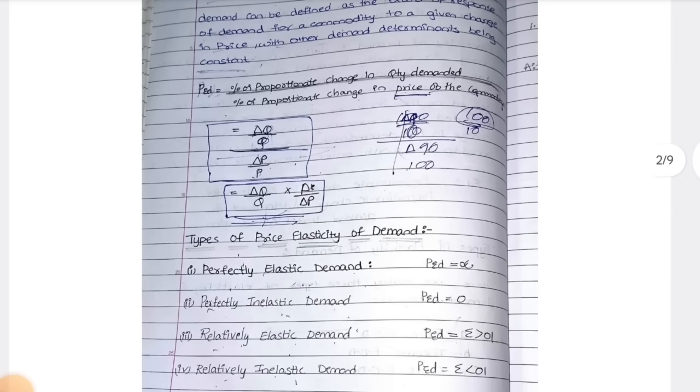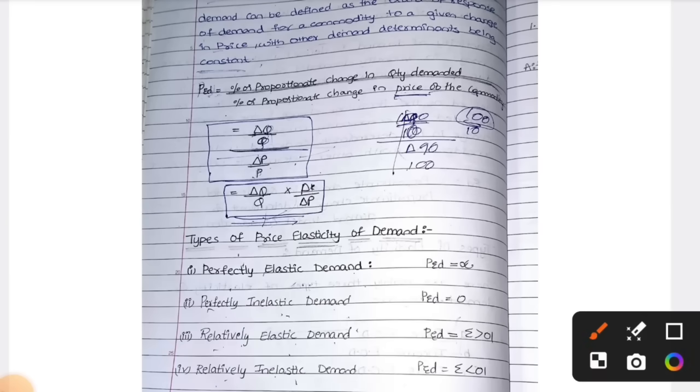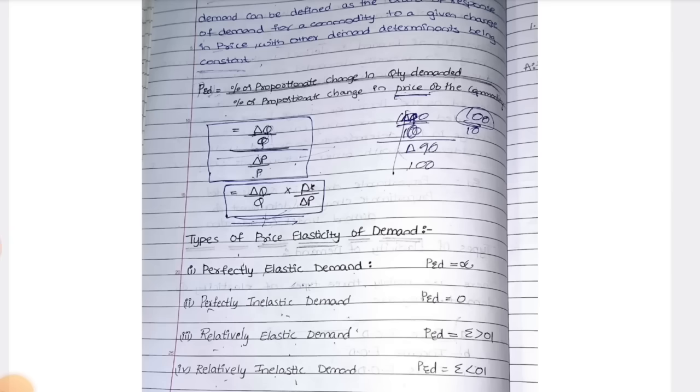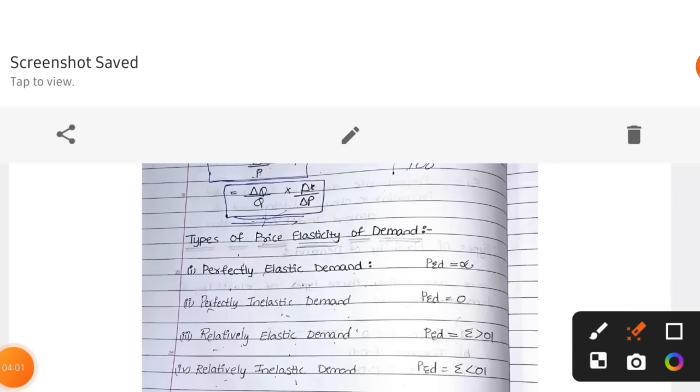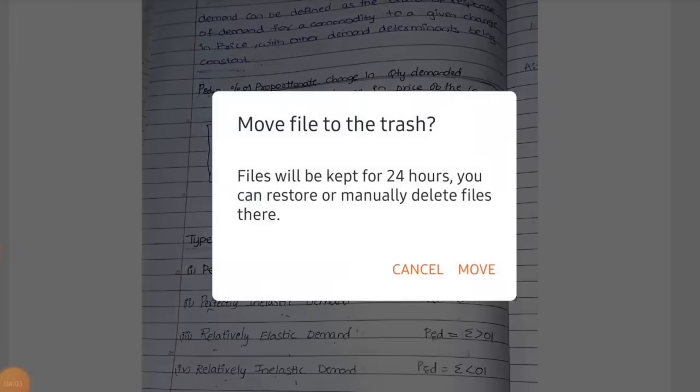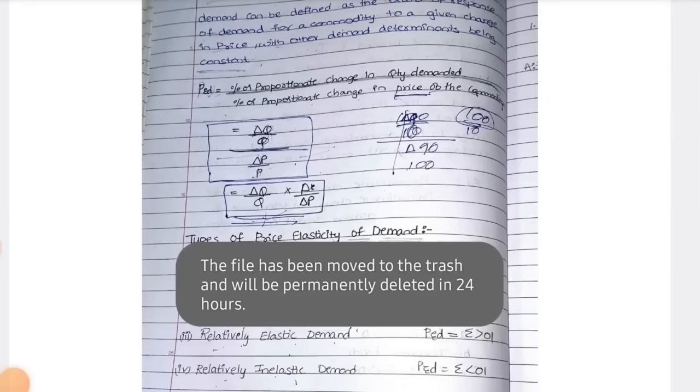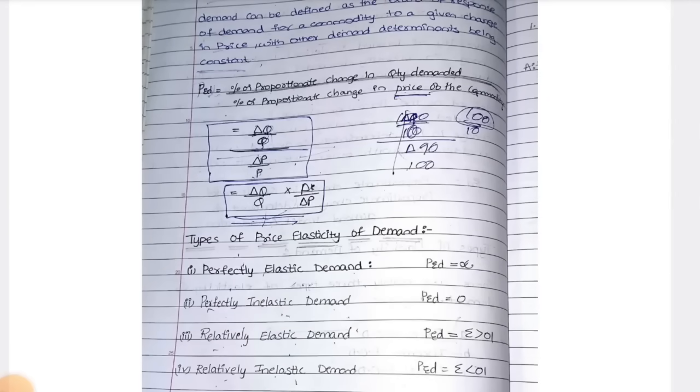That is the formula of PED. PED is price elasticity of demand: the proportionate change in quantity demanded divided by the percentage or proportionate change in price of the commodity. So delta Q by Q divided by delta P by P is the formula.